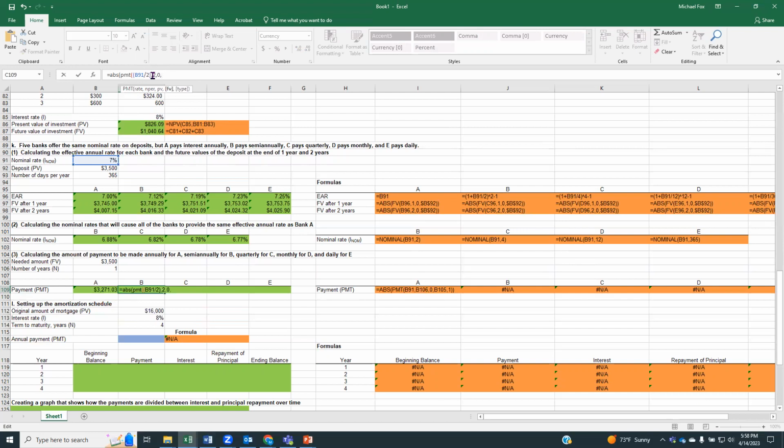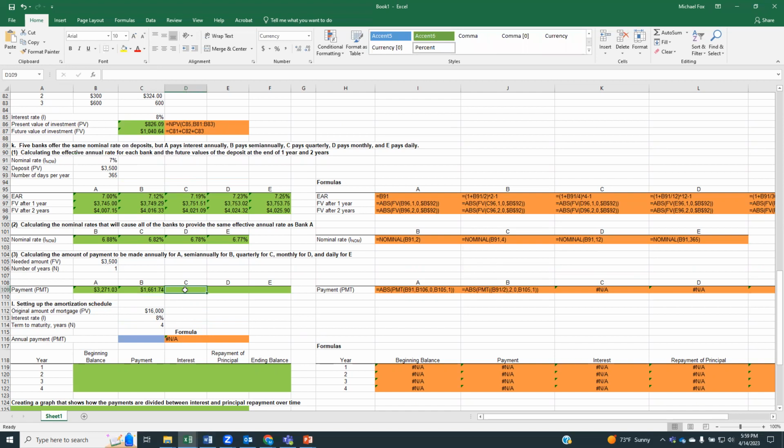The future value will be 3,500. And then 1 for beginning of the period because it's us making a payment to the bank. So we either have to make annual payment of 3271 or a semi-annual payment of 1661.74.